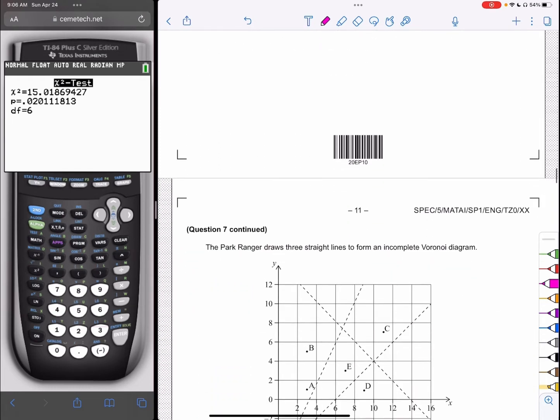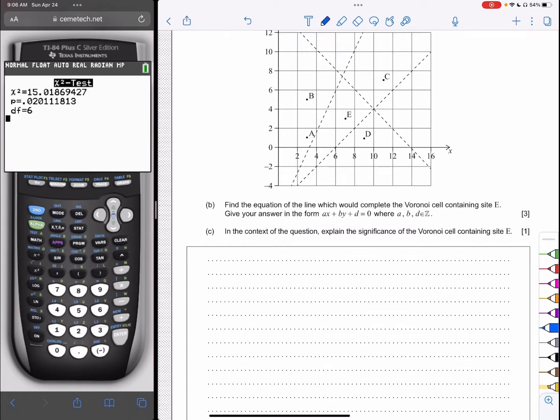If I want to find the gradient for part A, my gradient between my 2 points would be found by having M equal to 3 minus 1 divided by 7 minus 3, and I end up getting 2 over 4.